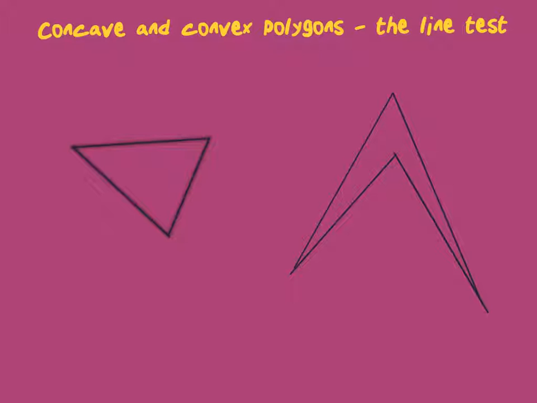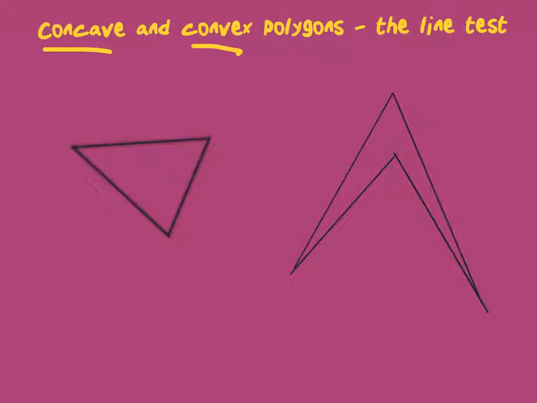Two more words are concave and convex. And these are ways that you can classify different polygons. And this is how you can test to see whether or not a polygon is concave or convex. I call it the line test.